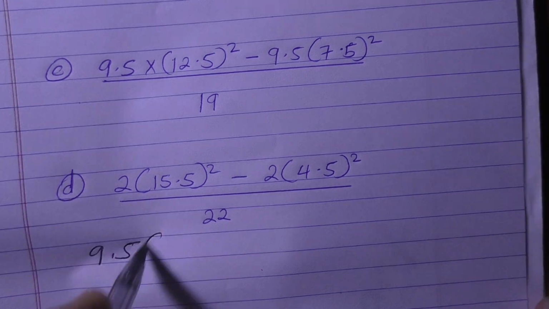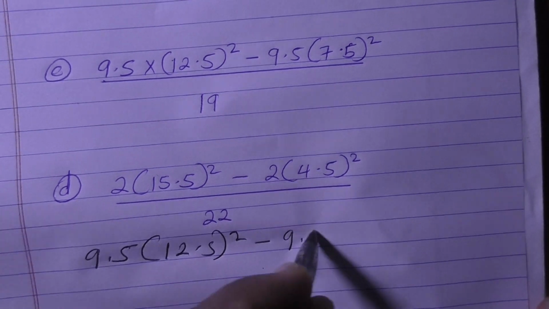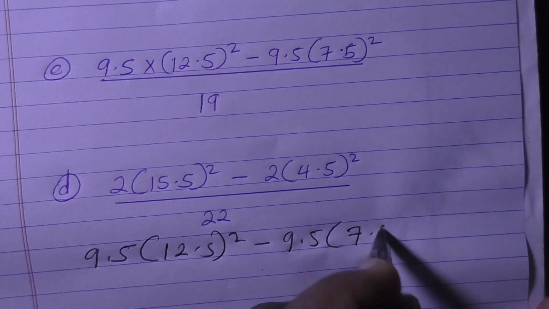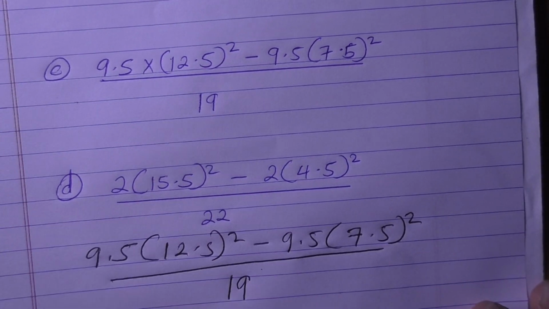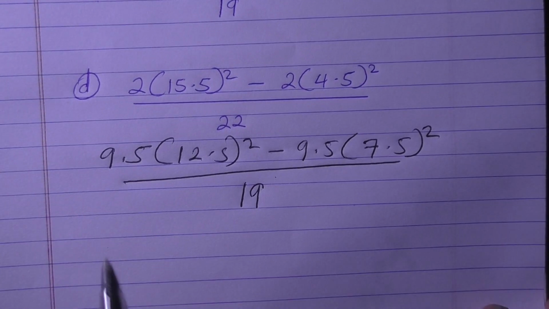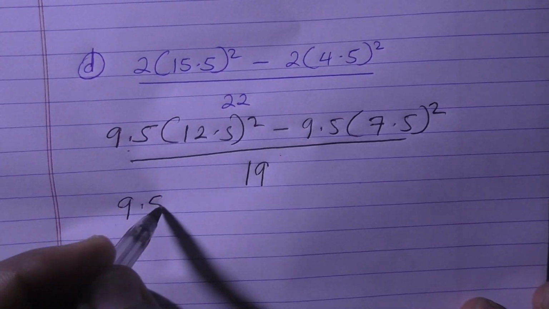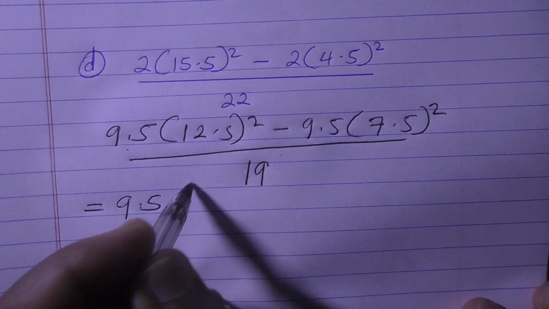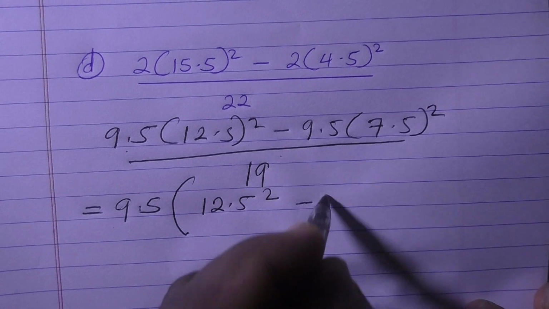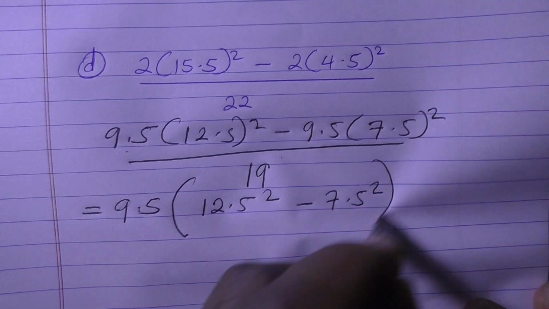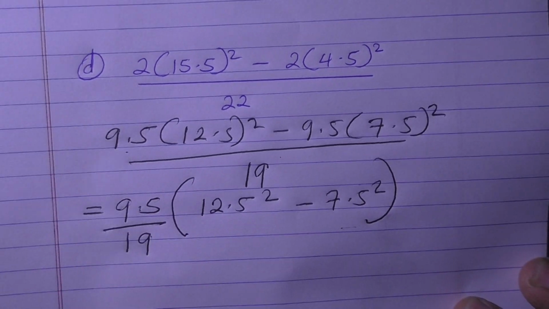We have 9.5 into 12.5 squared minus 9.5 into 7.5 squared over 19. So we can first take the common factor out, so that we get 9.5 into 12.5 squared minus 7.5 squared over 19. Even the 19 can go out.